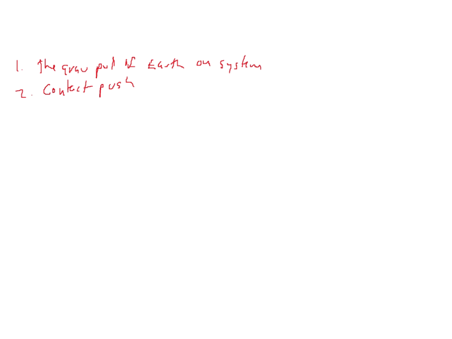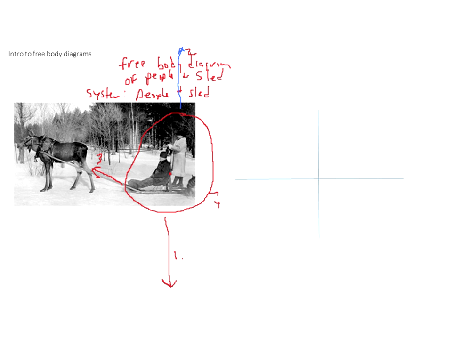Force 2 is the contact push of the ground on the system. Force 3, you could call that a number of things. Let's see, the book uses some different nomenclature.